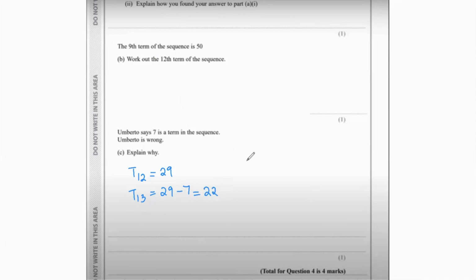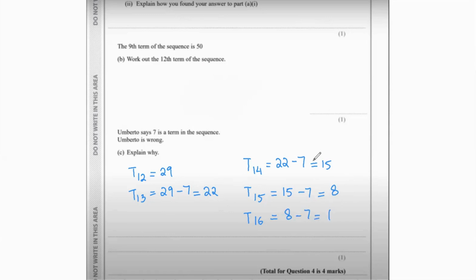Then the 14th term is going to be 22 minus 7, which is 15. So the 15th term is going to be 15 minus 7, and that is 8. And the 16th would be 8 minus 7, and that's 1.